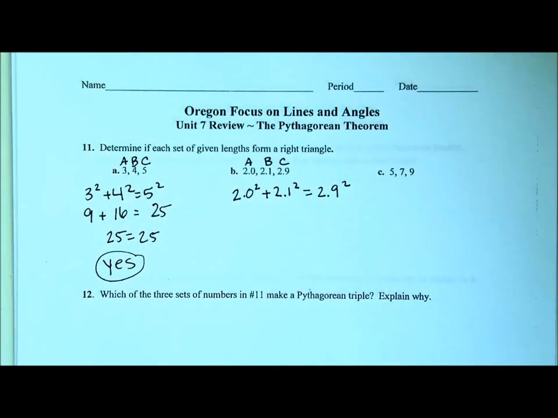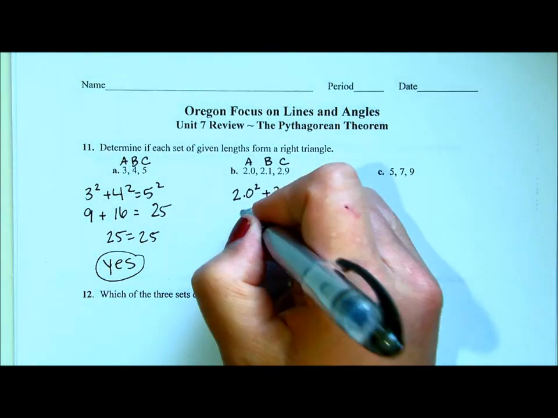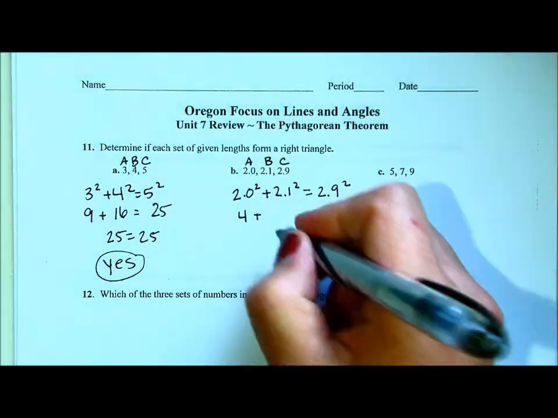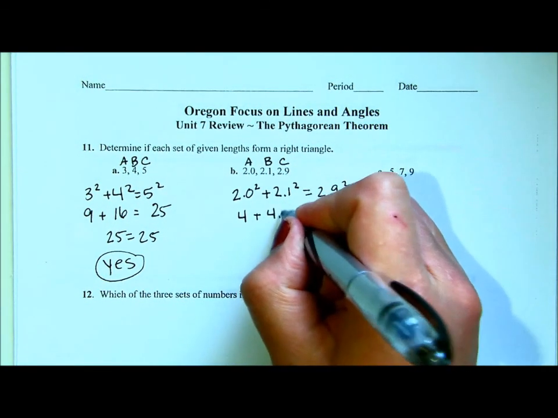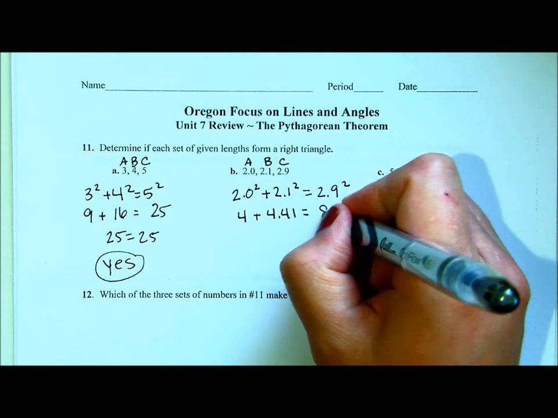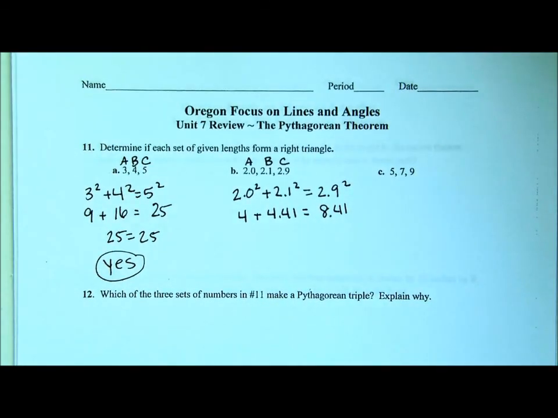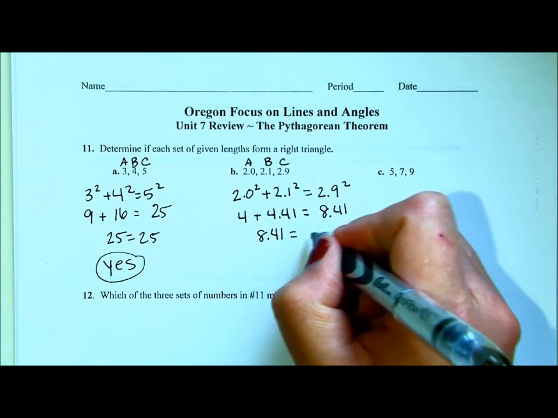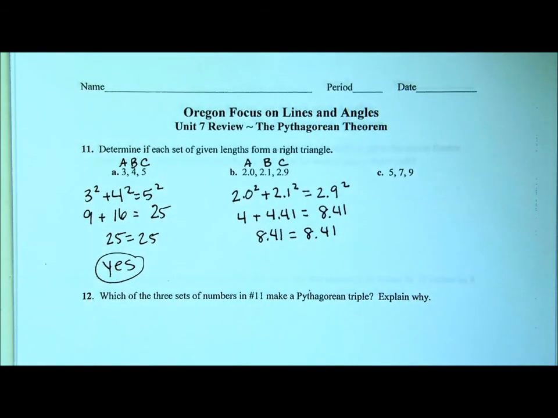So 2.0 squared is going to give me 4. 2.1 squared is going to give me 4.41. And 2.9 squared is going to give me 8.41. 4.41 plus 4 is going to give me 8.41, and that is the same as 8.41. So once again, our answer is yes.